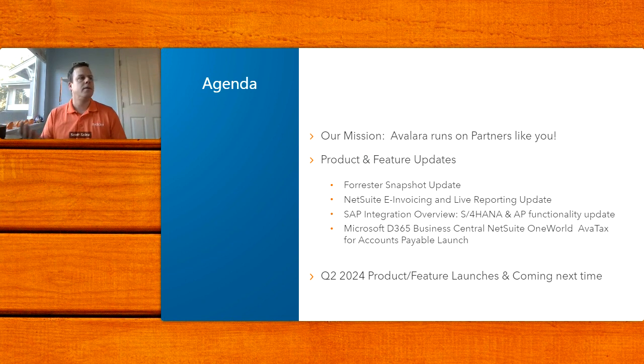We all heard that announcement at SuiteWorld, where we stand today, and then also the enablement coming. We'll have an SAP integration overview, as well as the S/4HANA functionality that everybody's interested in. And then we'll close it out with a Microsoft Dynamics and NetSuite OneWorld accounts payable integration update and what's live in that today. And let's go.